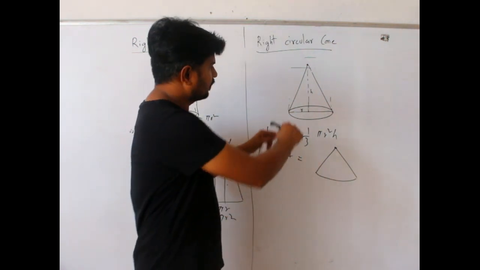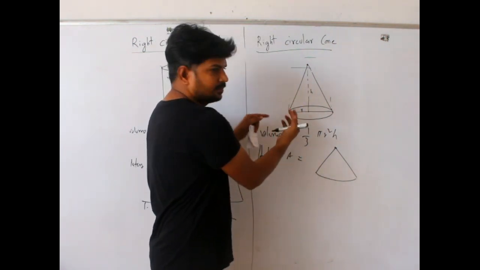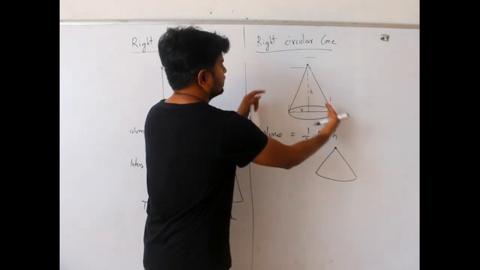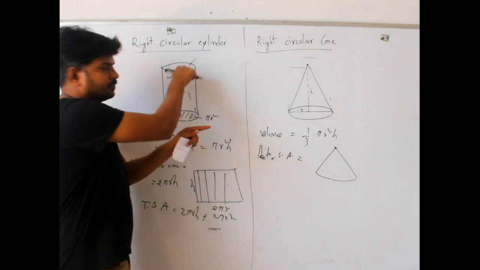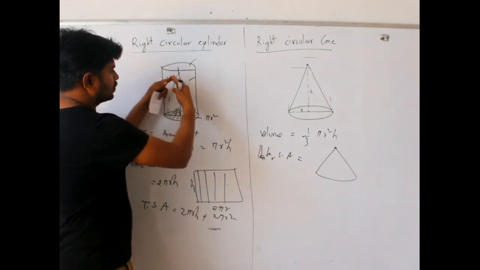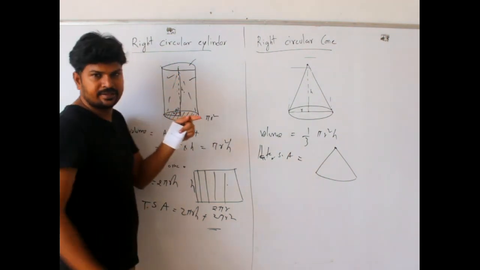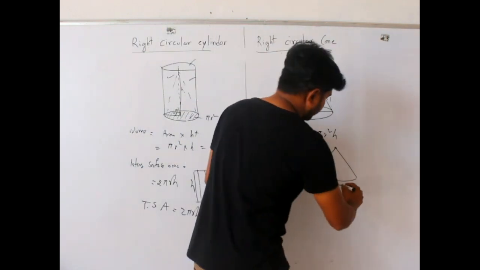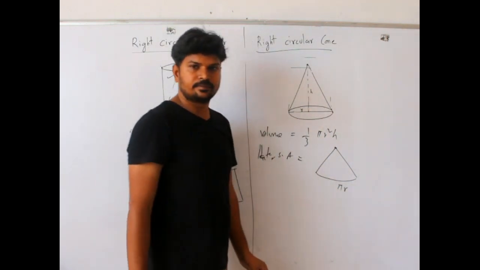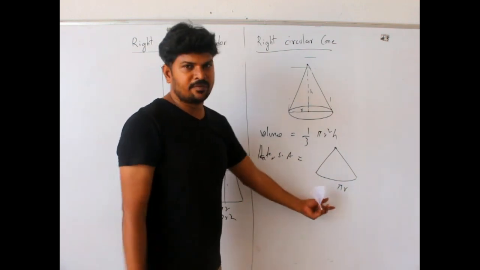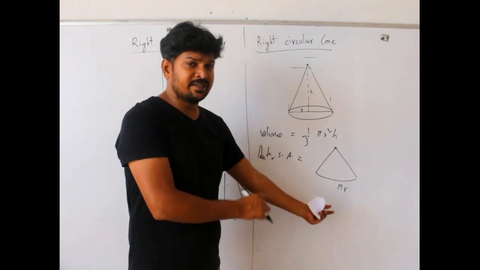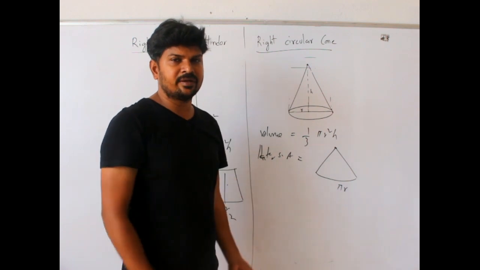As it is not a complete cylinder, it cannot spread completely to a 2 pi r radius. So it will move to pi r here. There is an in-depth discussion on why it is pi r. If anyone is interested, I'll explain in the comment box.